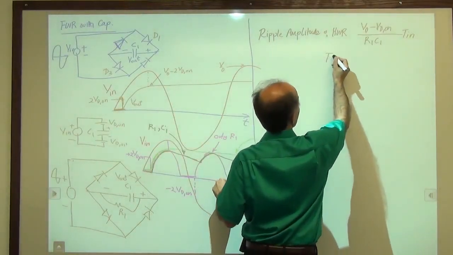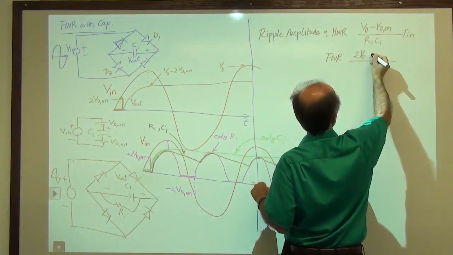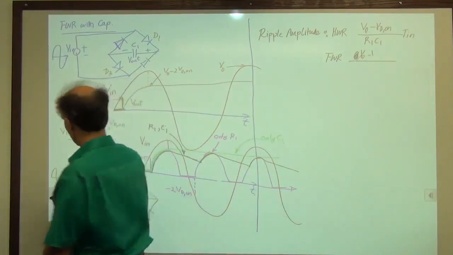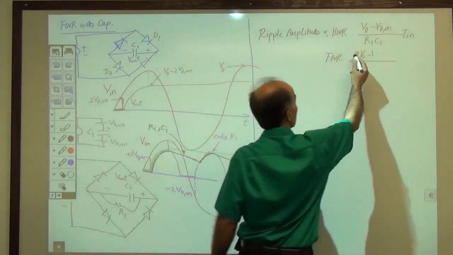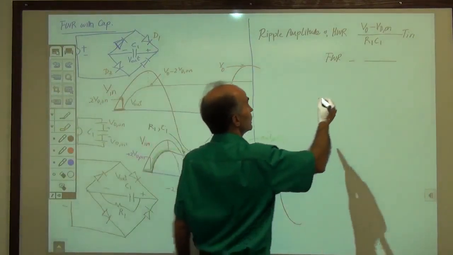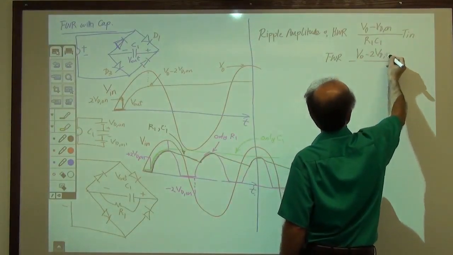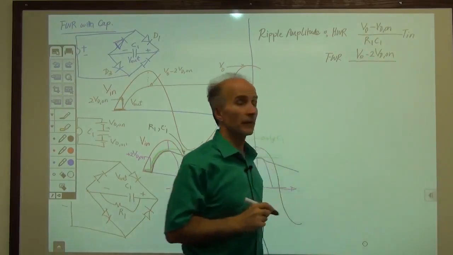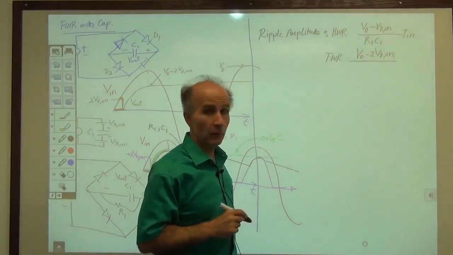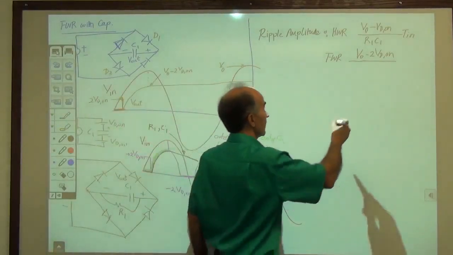So it should be V0 minus 2 VD on. How about R1 C1? Well, that doesn't change. We have the same type of resistor and capacitor, so they stay the same.